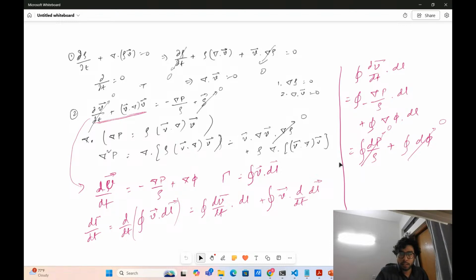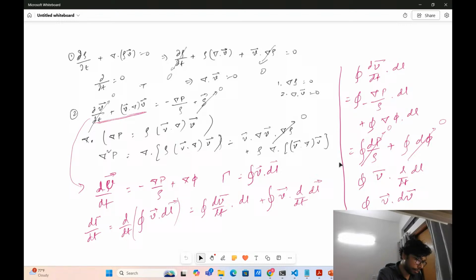And as far as the second term is concerned, where you have v dot d dt of dl, this will be integration of v dot dv, right?